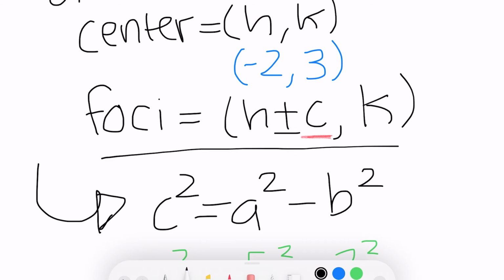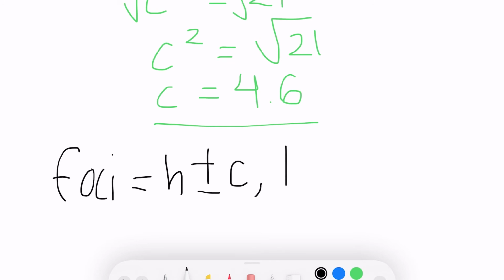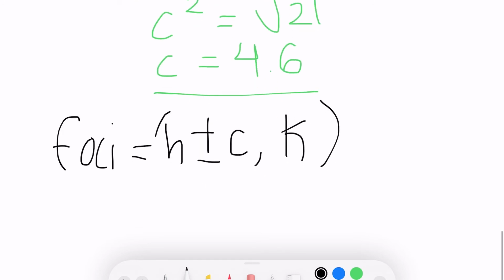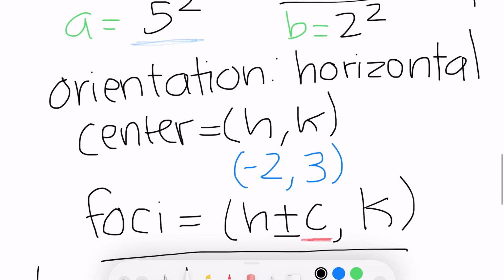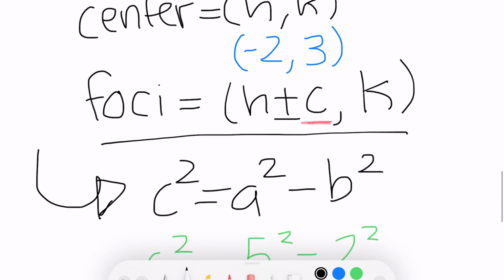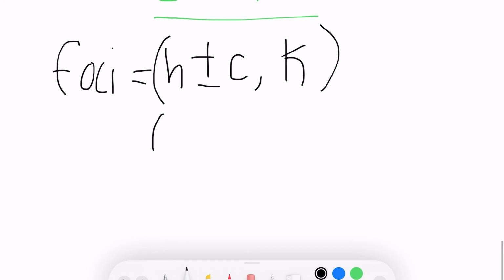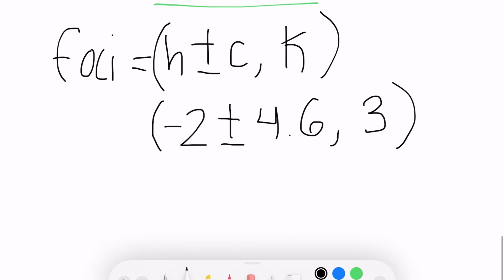So now let's add it into our foci equation. h is negative 2 plus or minus 4.6, comma 3, which is k.